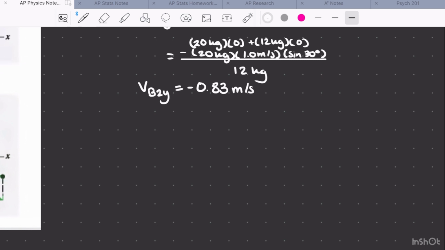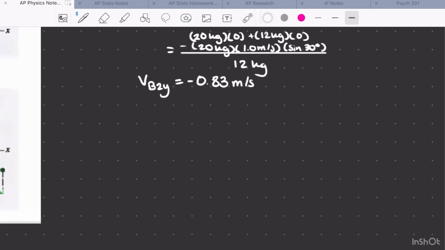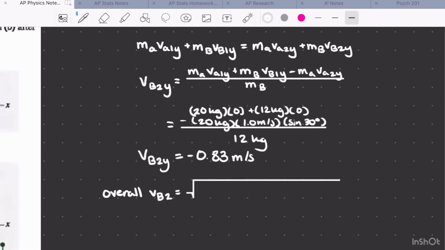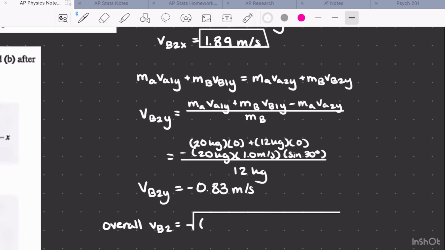Next up, since we have the x and y components of its velocity, we find the overall velocity of robot B, where we do the Pythagorean theorem, which is a squared plus b squared equals c squared.